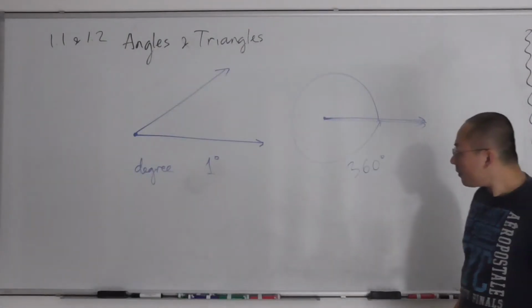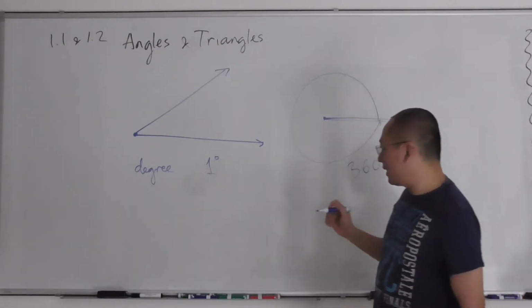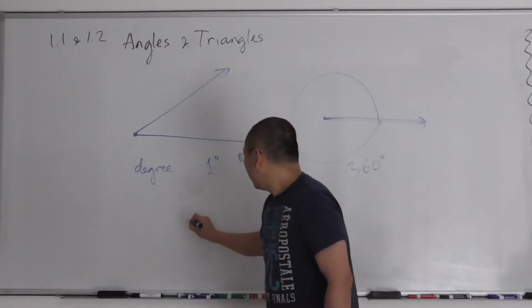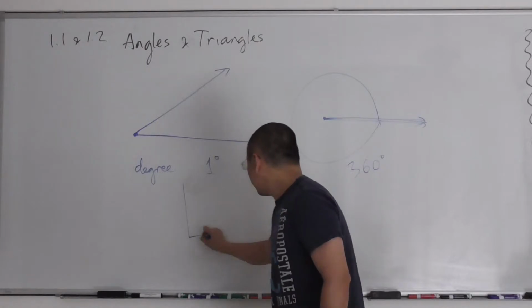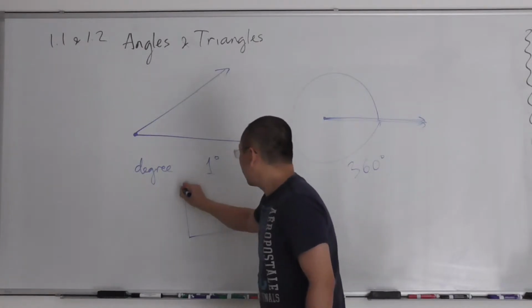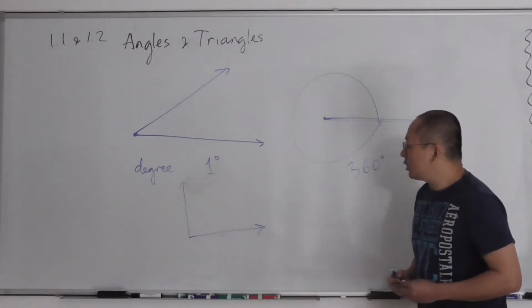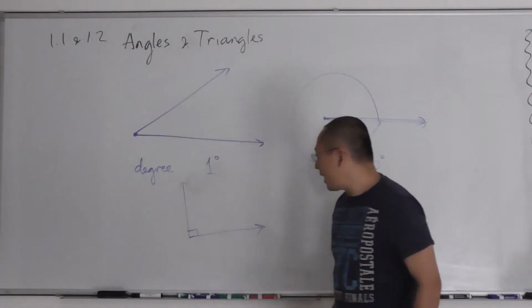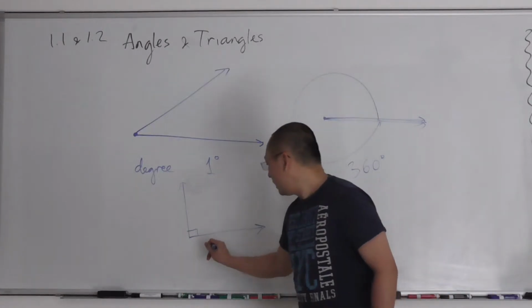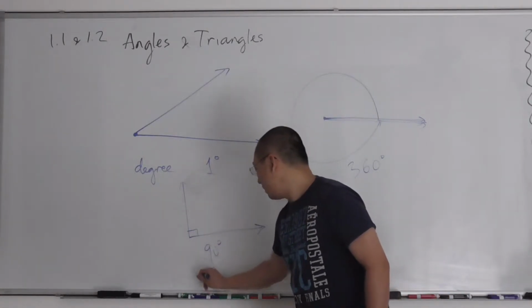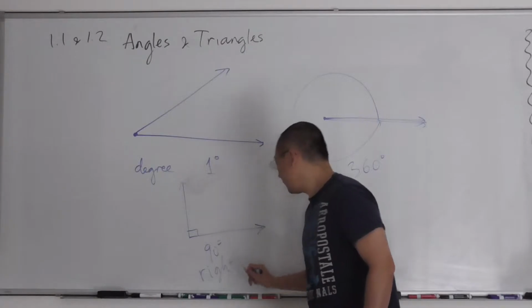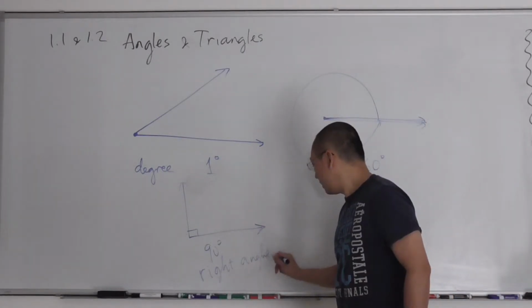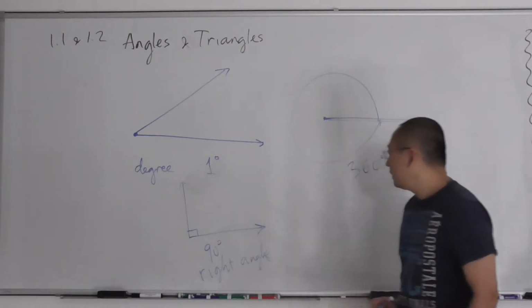Okay. We have some basic angles that you have heard before. If the angle is created by two perpendicular rays, this angle is called a right angle, which is equal to 90 degrees. Right angle. Okay, it's equal to 90 degrees. All right.